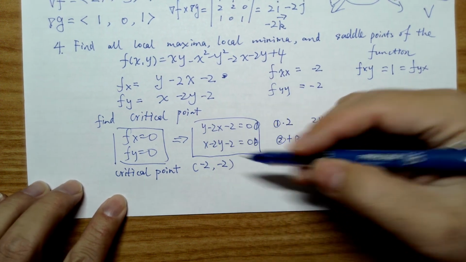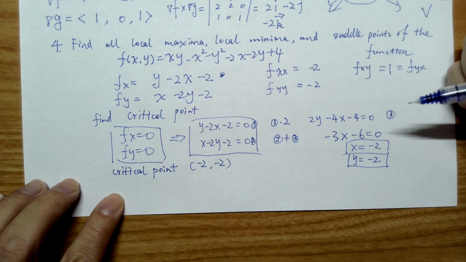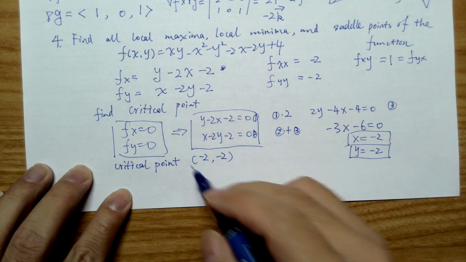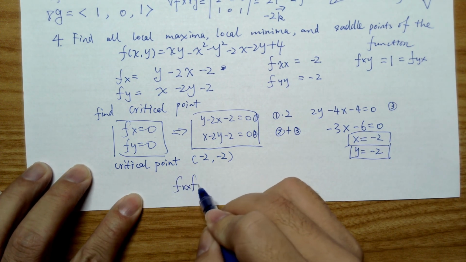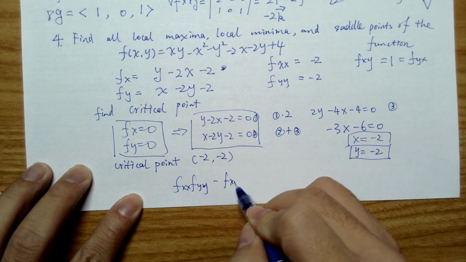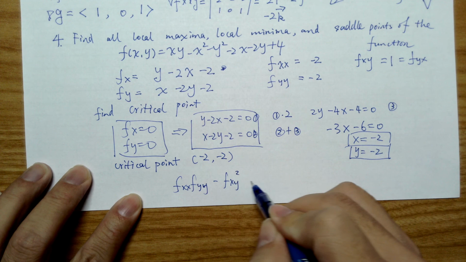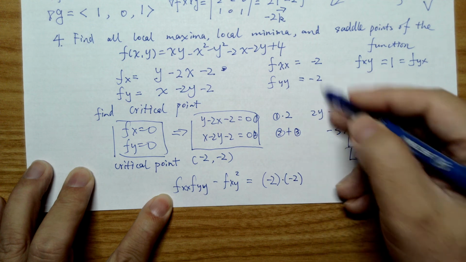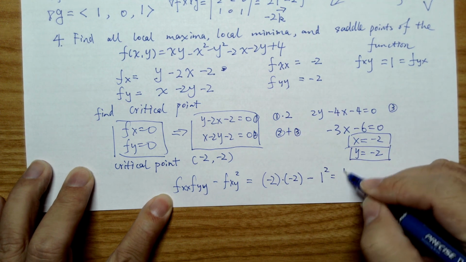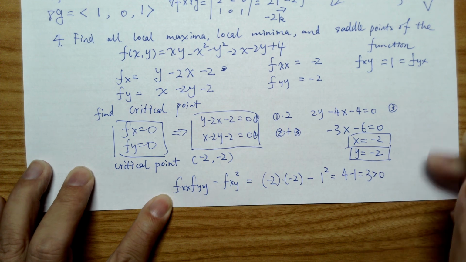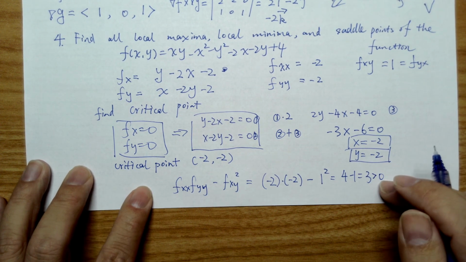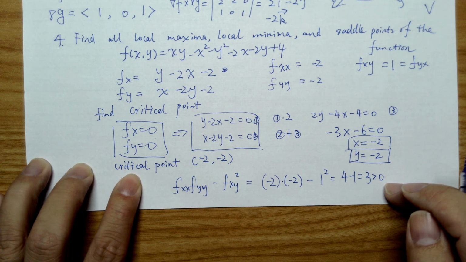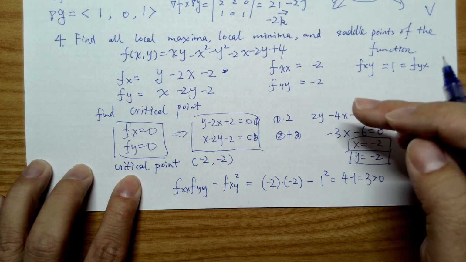But we don't know yet which one, so let's figure it out. First, the discriminant in this problem is negative 2 times negative 2 minus 1 squared, so 4 minus 1 is 3, which is greater than 0. That guarantees this critical point is either a local max or local min.